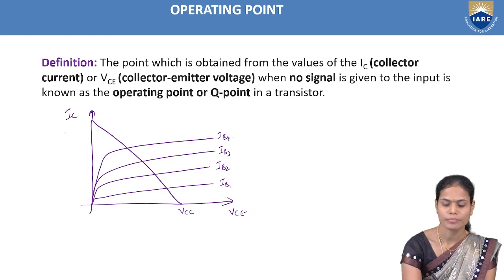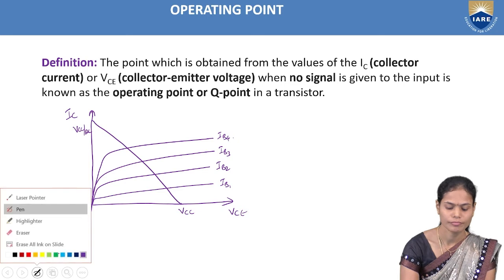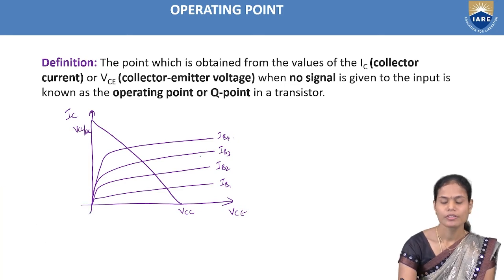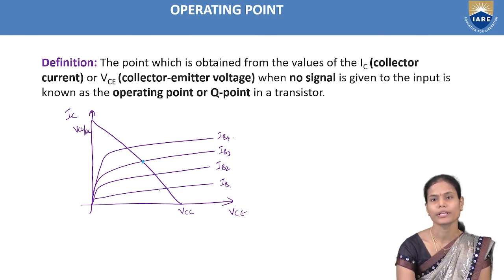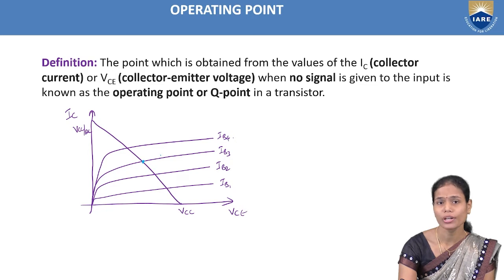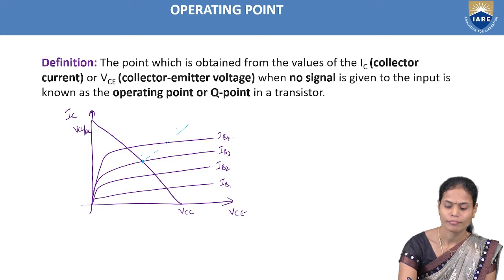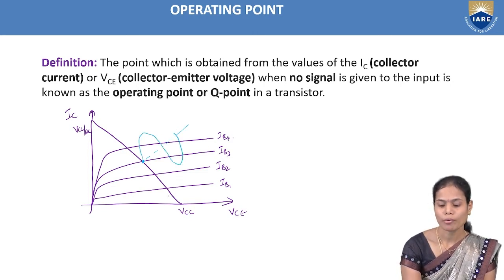Here it is VCC and here it is VCC by RC. Suppose my operating point is here, then we will get the fully amplified signal.